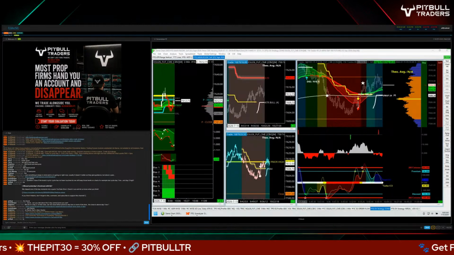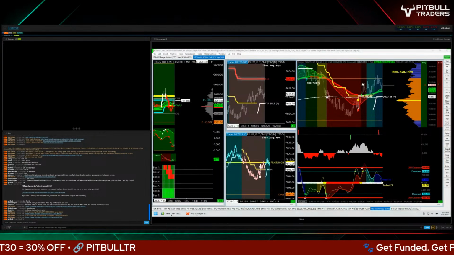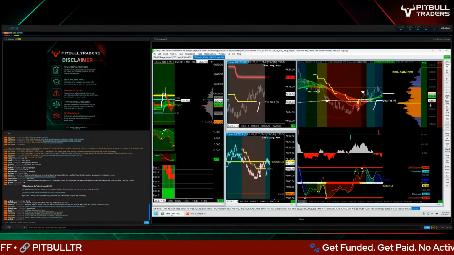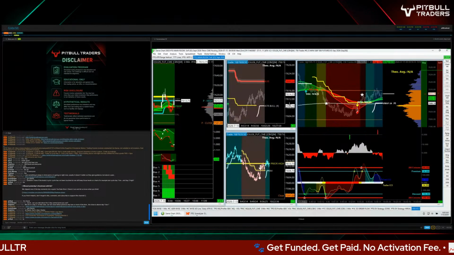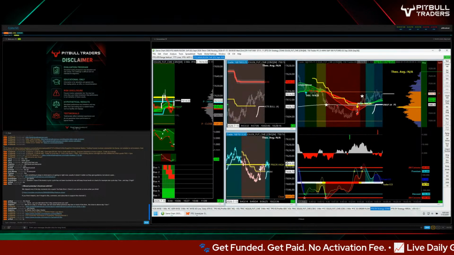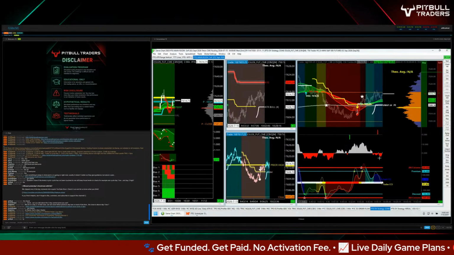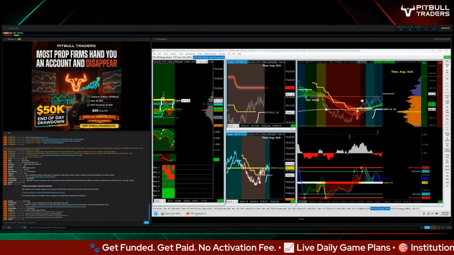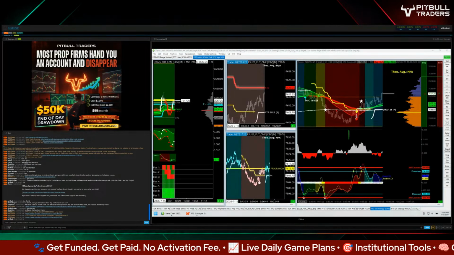So that is something that our folks are looking to play. I'm not a big fan of trading the middle. I don't like the diddle in the middle, as they say, too much.